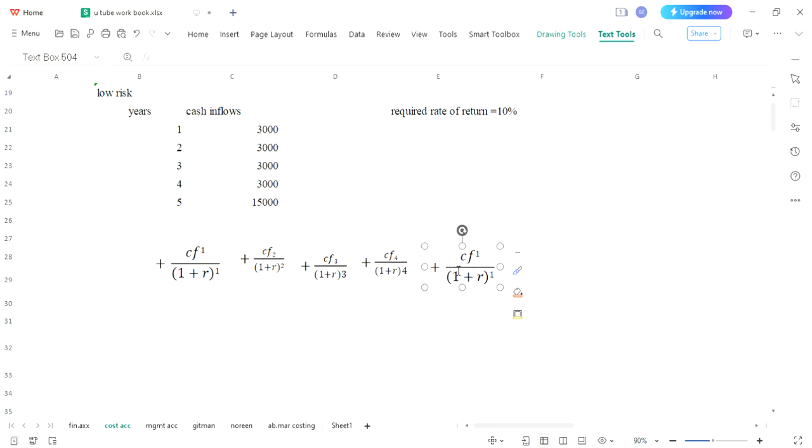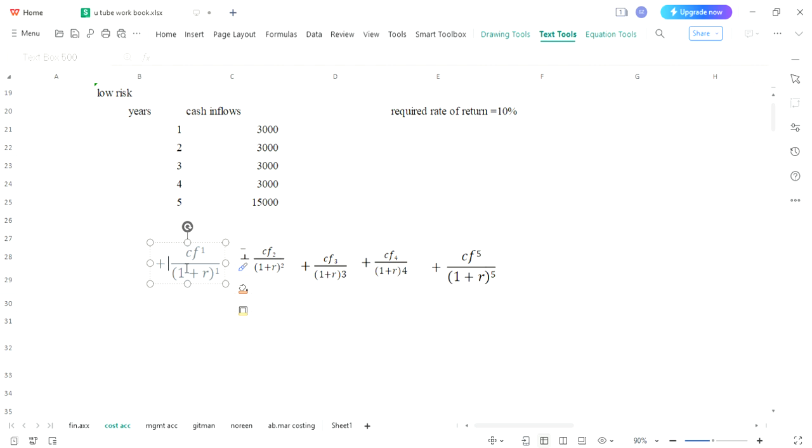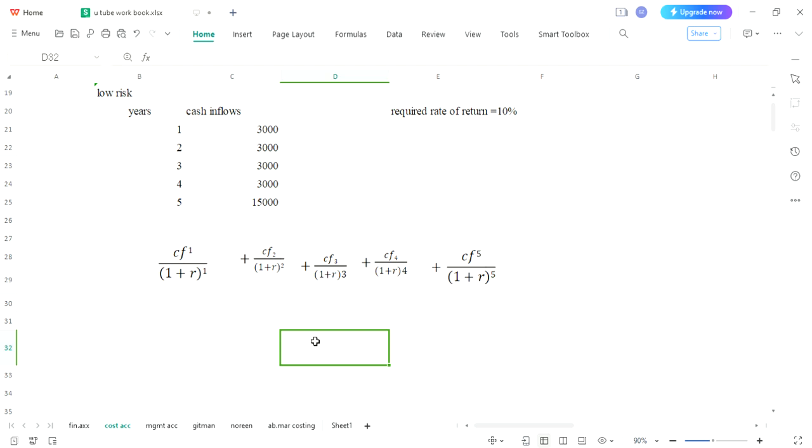Finally, we are at the stage where we are writing for fifth cash flow. Just change its power as well. Fifth. Alright guys, we have everything completed. Formula is ready, and we are going to put values in this formula.